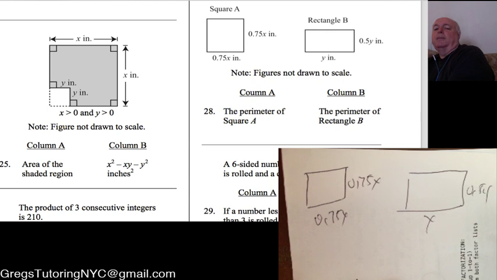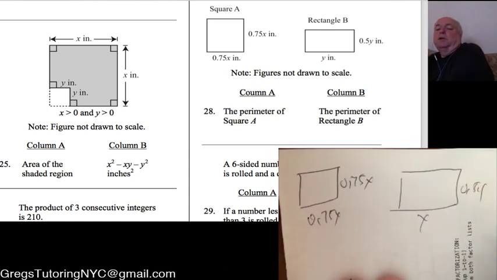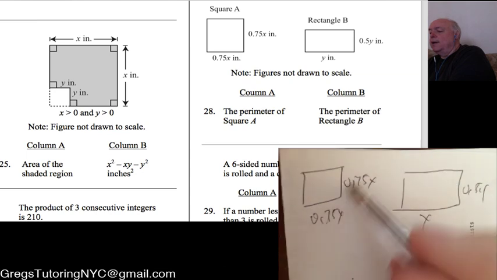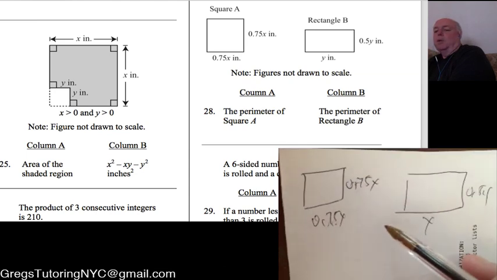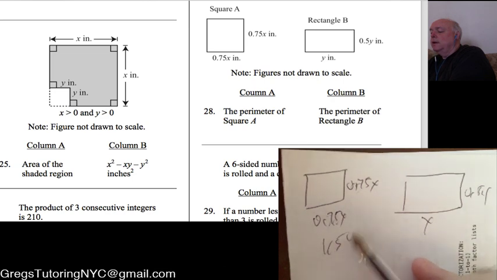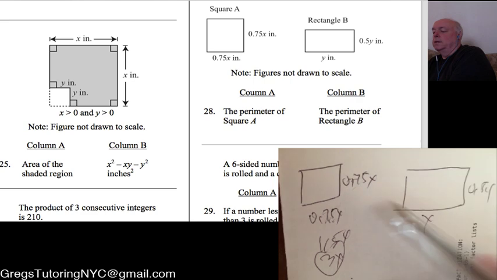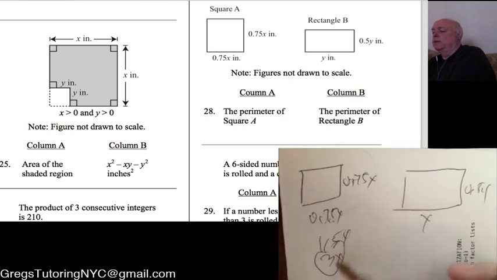And they want to compare column A, which has a spelling error, doesn't spell the word column right, with column B. So column A is looking for the perimeter of square A, and column B is looking for the perimeter of rectangle B. So first of all, I don't know why they gave both numbers here, but what we're going to do is we can double these and get 1.5x, and double it again and get 3x, right? Or we could just do 2.75 times 4 and get the 3.